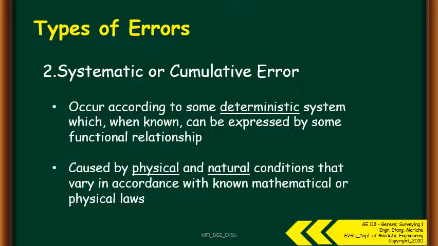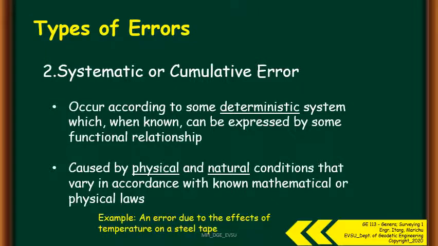Here, for the definition, it occurs to some deterministic system. So, pwede natin siyang ma-determine when known. Pag alam natin yung nag-create ng error, can be expressed by some functional relationship. It is caused by physical or natural conditions that vary in accordance with known mathematical or physical laws. So, pwede lang natin siyang ma-eliminate. Gagamitan lang natin siya ng mga formulas to compensate these errors.